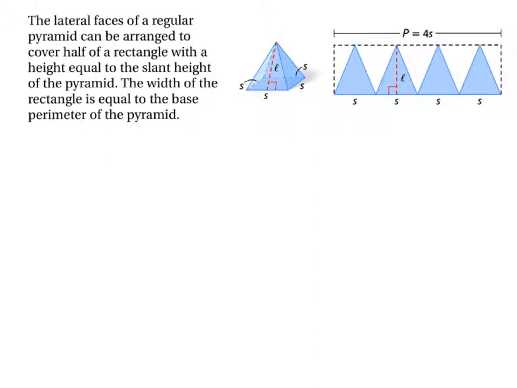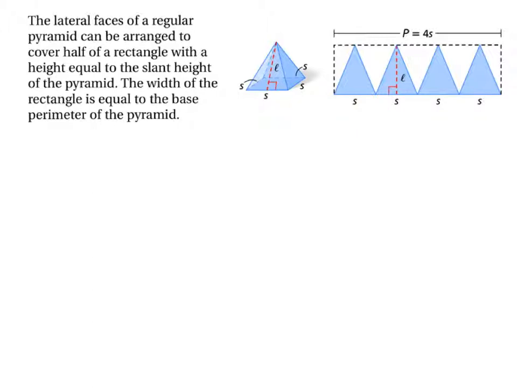The lateral faces, here they are, can be arranged to cover half of a rectangle with a height equal to the slant height of the pyramid. The width of the rectangle is equal to the base perimeter. So you'll see here the perimeter: side, side, side, side. These represent the sides, or 4s. Remember, this is a regular pyramid.